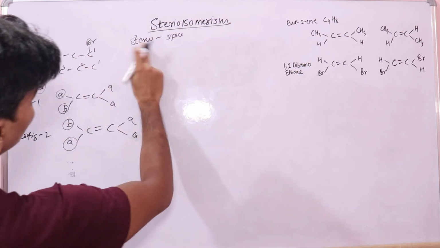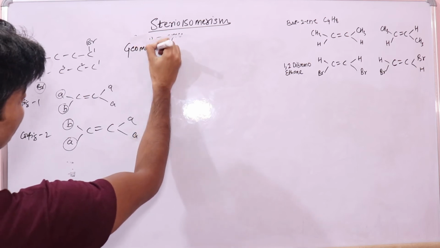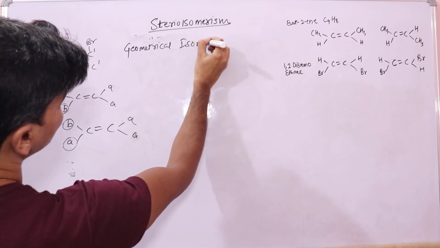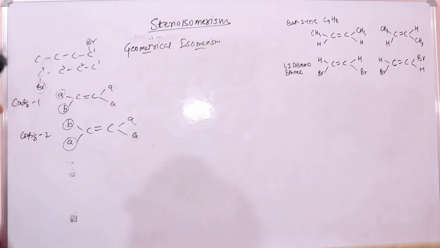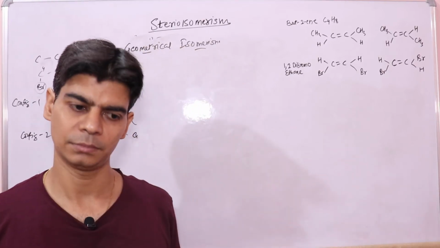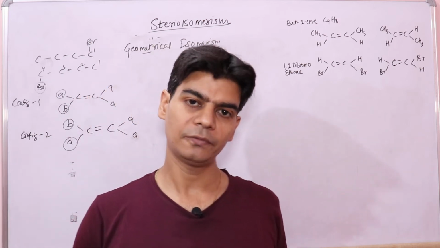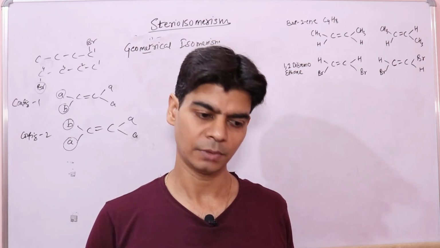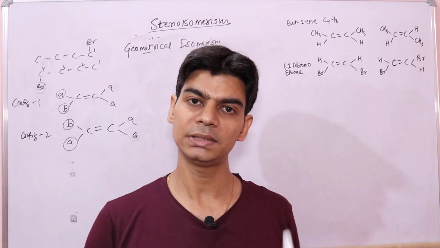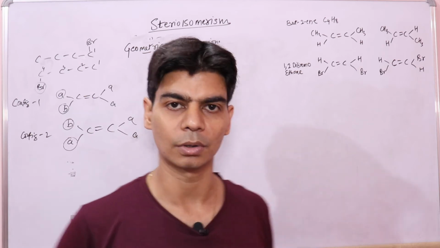So the topic is, now we have geometrical isomerism. Geometrical isomerism is in those compounds that have carbon carbon double bond, right? First condition is you should have a carbon carbon double bond. And what give rise to these types of isomers, right, which is present in those compounds that have carbon carbon double bond, is their restricted rotation or hindered rotation around carbon carbon double bond, right?